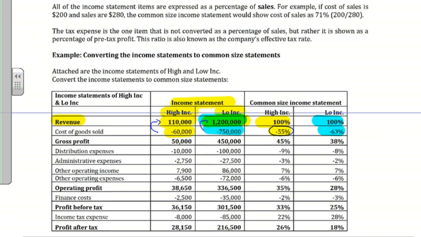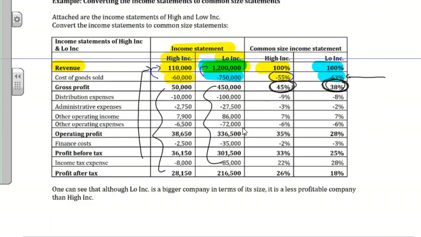We take size out of it and we can see that Low's cost of goods sold is relatively high, which results in a much lower gross profit percentage in relation to High. And you put all the other items on the income statement over revenue to get a percentage. This is called a common size statement. Because I'm working in percentages, it has become much easier to do the comparisons between the various items.